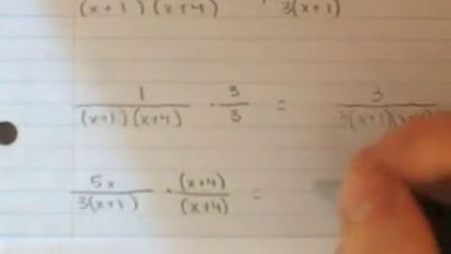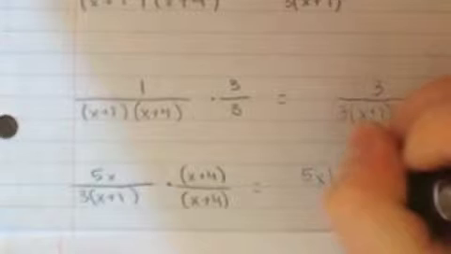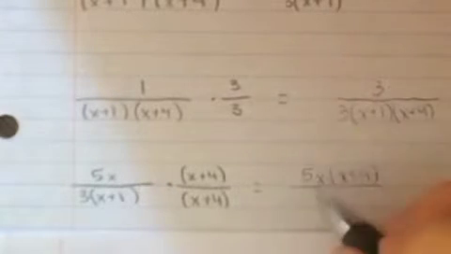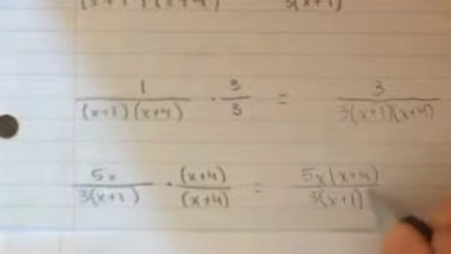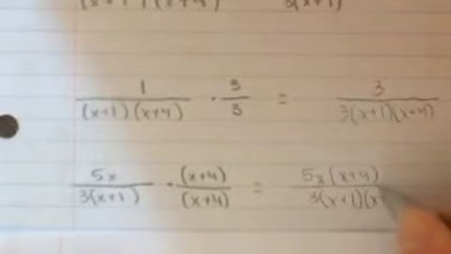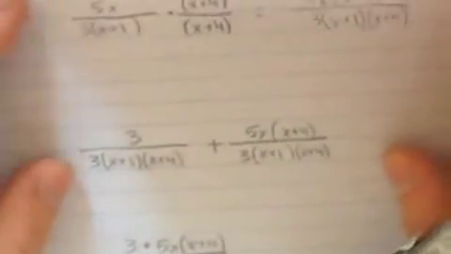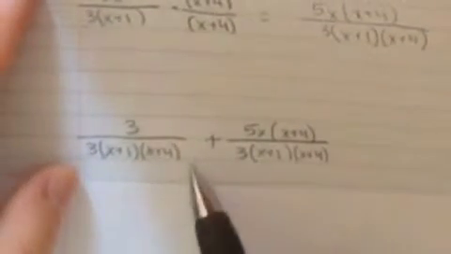So when we multiply this out, this becomes 5x times x plus 4 over 3 times x plus 1 times x plus 4. Okay. Now if you notice, the denominators are now the same.